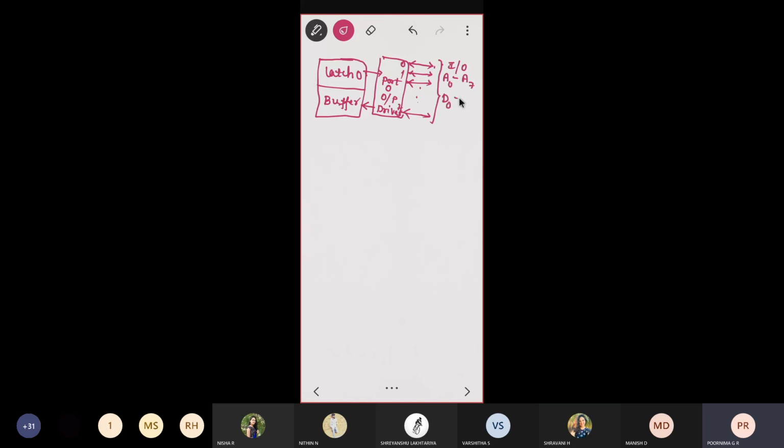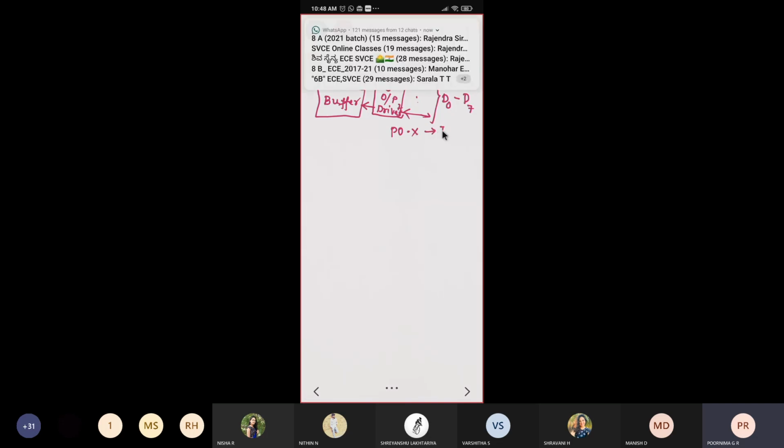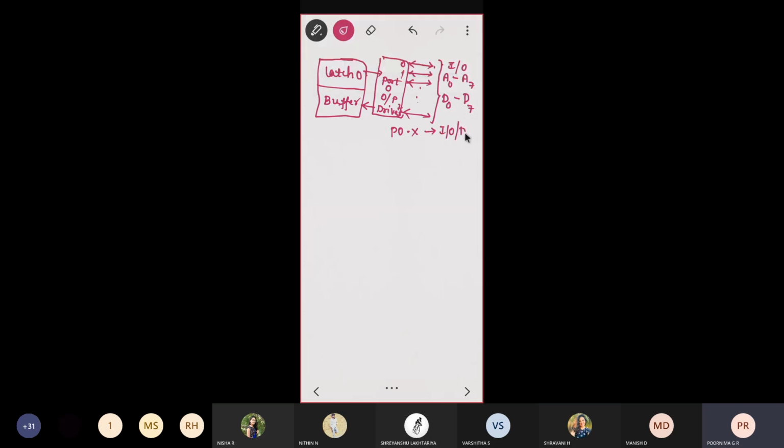It can also be used to hold the data D0 to D7. Hence, any port 0 dot X, this X represents 0, 1, 2, 3, it is nothing but IO operation it may be able to do. It is able to take any data bit, or it is able to carry any address bit. So that is the simplest way to represent port 0.